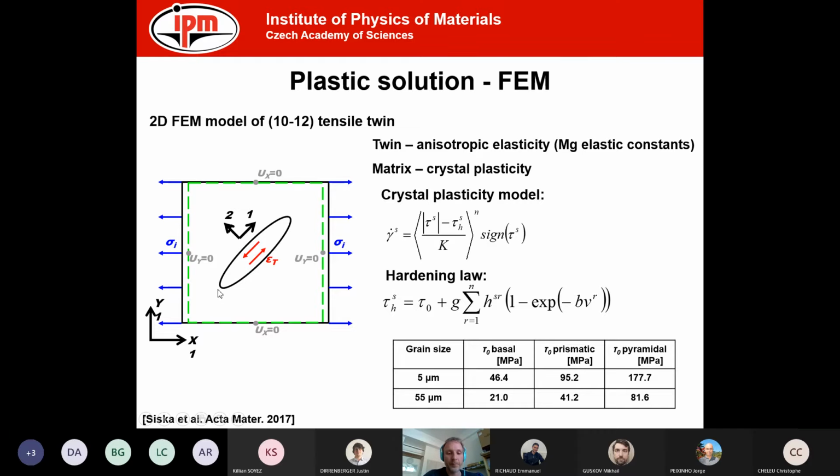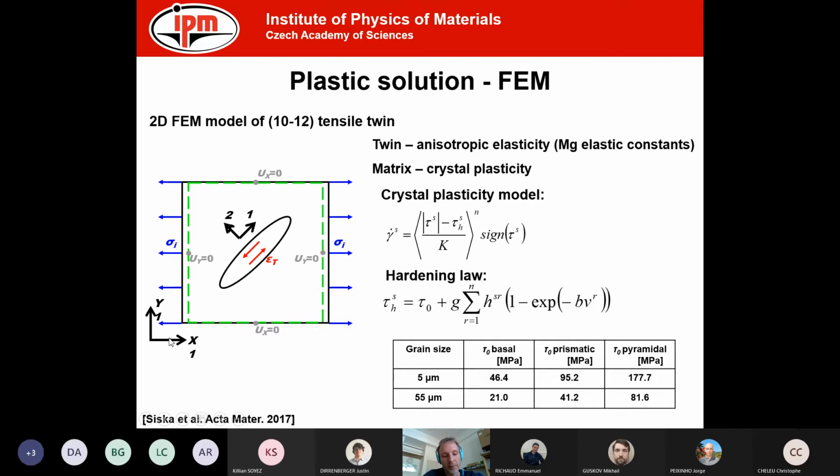Then you have an elliptical inclusion inside that is inclined towards the applied stress, the same way as the twinning plane is towards the c-axis of the lattice.